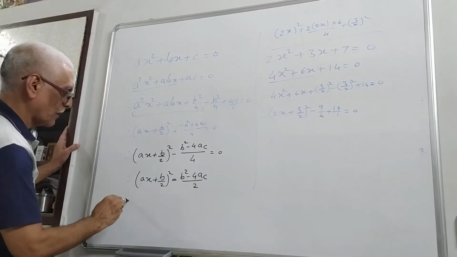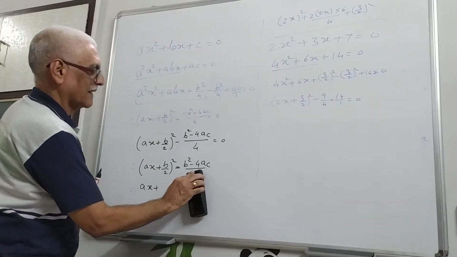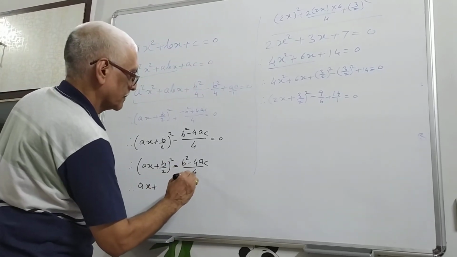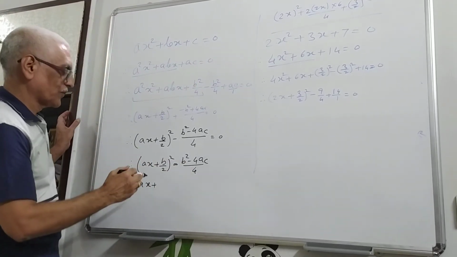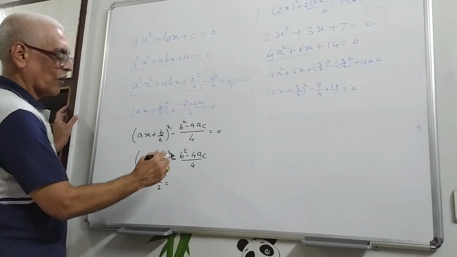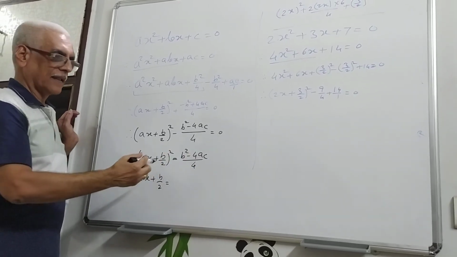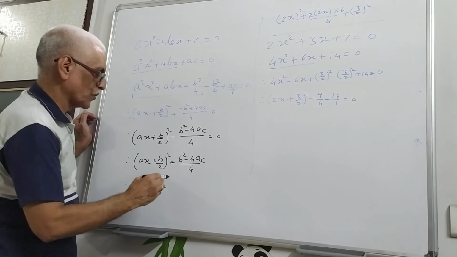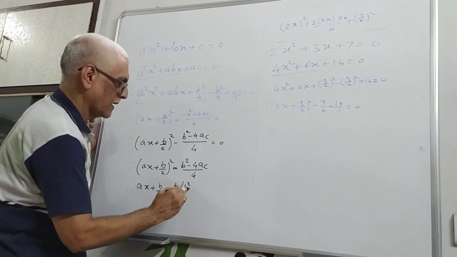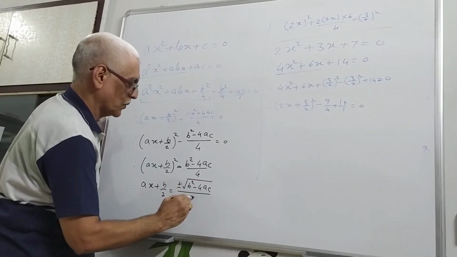If we take square roots of both sides, ax plus b by 2 is equal to, now for this we don't know whether it is a complete square or not, so we shall write it under the radical sign, and since every number has two square roots, we can write plus or minus root of b square minus 4ac, upon the square root of 4, which is 2.